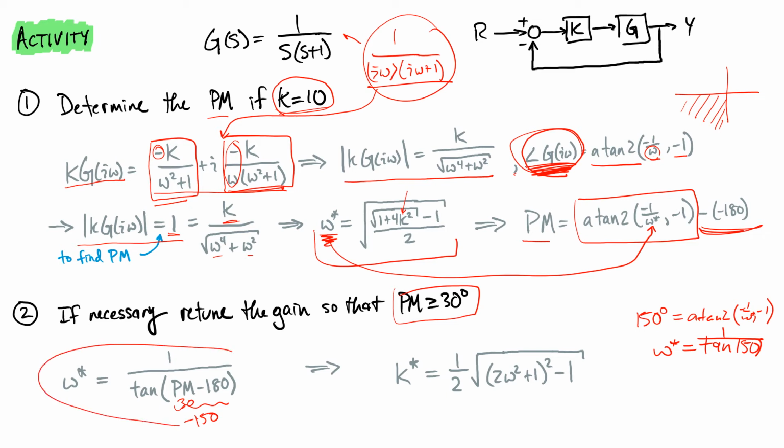And so that's where this comes from. Then we can rearrange the expression that we had for the magnitude in order to figure out what value of k we need to choose to make sure that at this frequency value, this omega star, the magnitude is 1. So we satisfy that marginal stability criteria. Now we know omega, so we're just going to plug that in and figure out what k is.